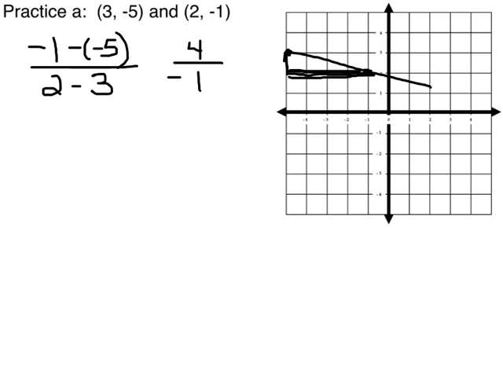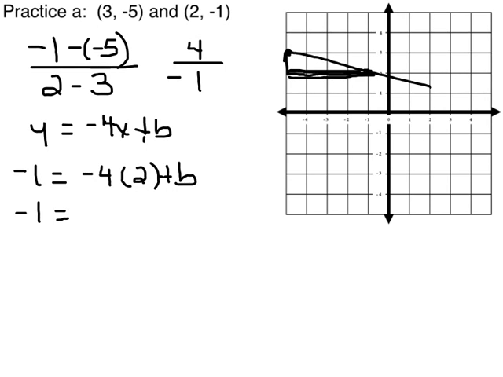Now that we know that, y equals negative 4x plus b. Let's go ahead and choose a point. I'm going to choose, like I said, 2, negative 1. So negative 1 equals negative 4 times 2 plus b.